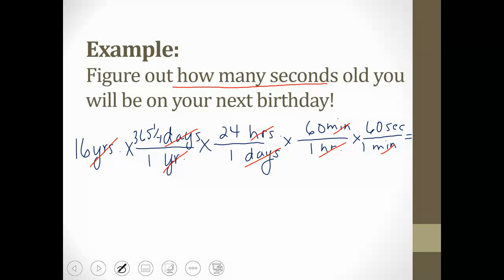So I'm just going to take 16 times 365.25, which is a quarter, times 24 times 60 times 60. And on your 16th birthday, you are... I need 2 more zeros because my calculator had it as this, and this is a 0, not a 6.